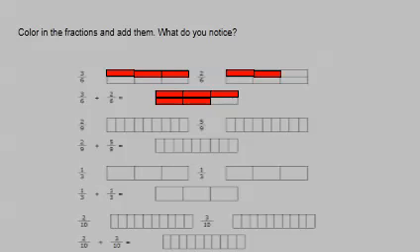Let us do another one. So 2 over 9, this is 2 over 9. And 5 over 9, this is 5 over 9. If I want to join them in one drawing, that means I have to color 7 parts out of 9. So 2 over 9 and 5 over 9 are 7 over 9.